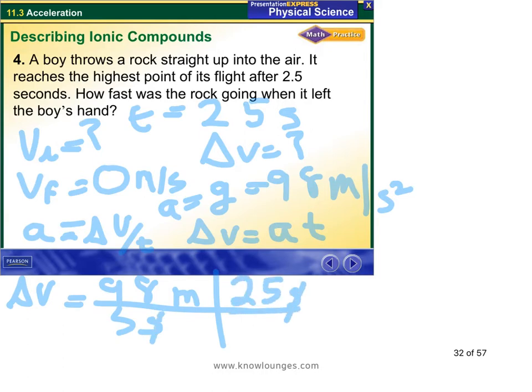Seconds divide out seconds. And 9.8, calculator work, times 2.5 gives us 24.5.